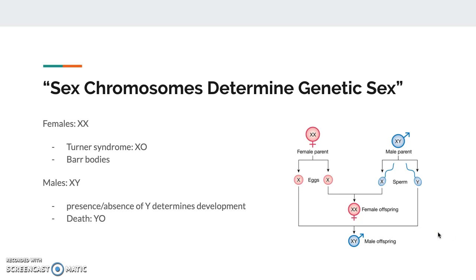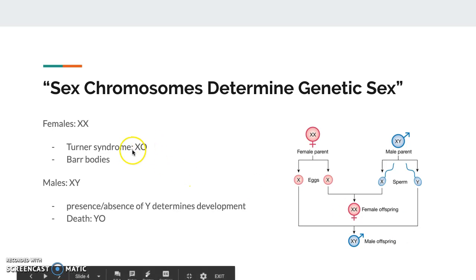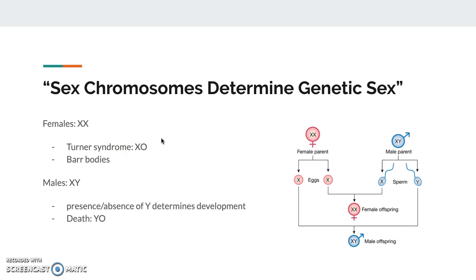In the book, they also talked about what if you don't get two X's or an XY? What if you get an X and then nothing? That's called Turner syndrome, and they exhibit some male development. Genetically they're female, but they have some male characteristics as they get older.